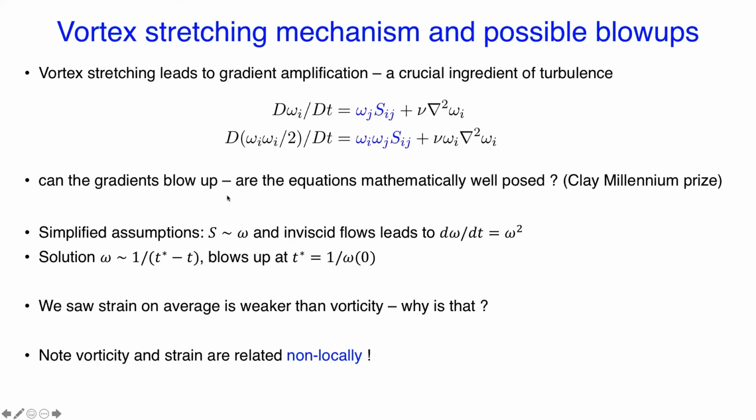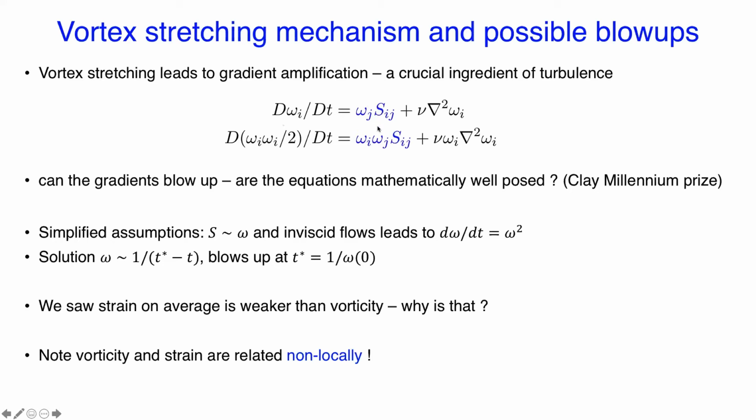So to talk about the possible blow-ups in the same line of work. One of the mechanisms which leads to these very strong gradients is the vortex stretching mechanism, and that can be shown by writing the vorticity transport equation, where we have this omega dot S. If we write the equation for vorticity squared, then we have this omega_i omega_j S_ij.